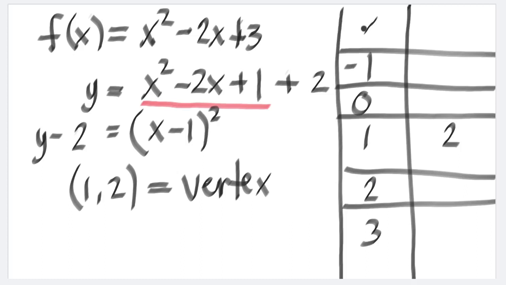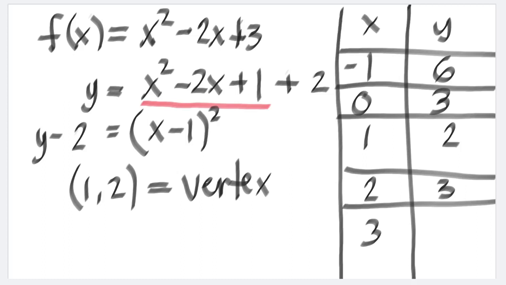And this is x, this is y. So if x is negative 1, of course negative 1 squared is positive 1 plus 2 plus 3, that is equal to 6. If x is 0, of course this is 3. If x is 2, 4, 4, still 3.